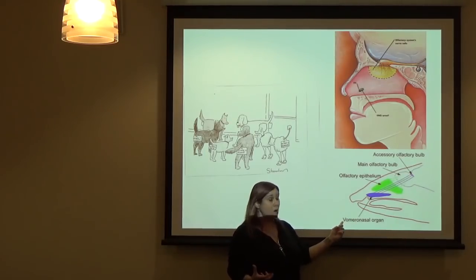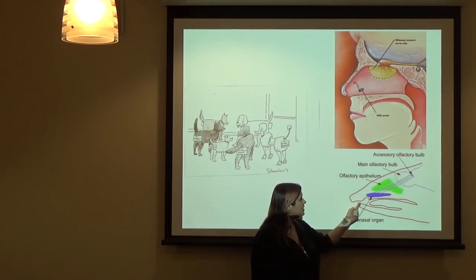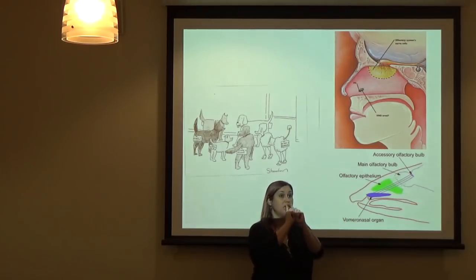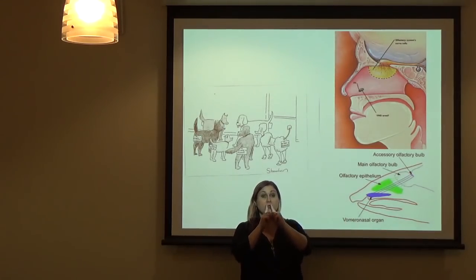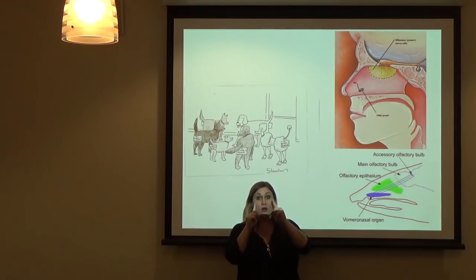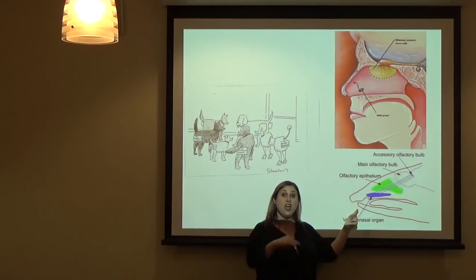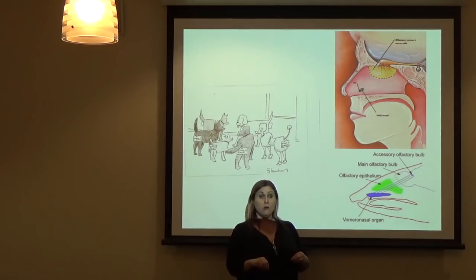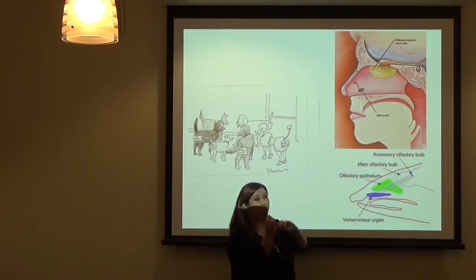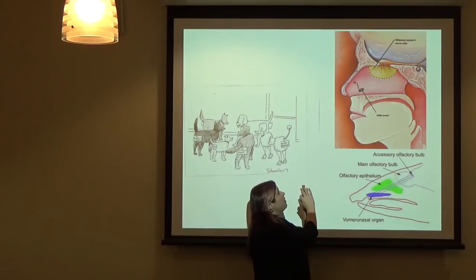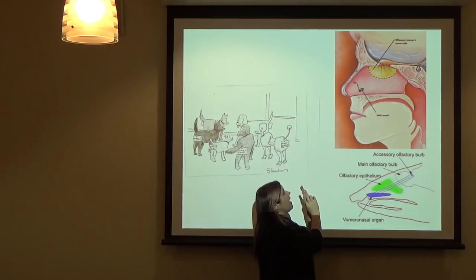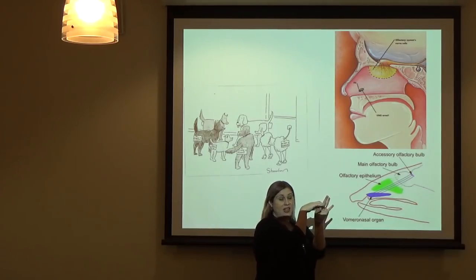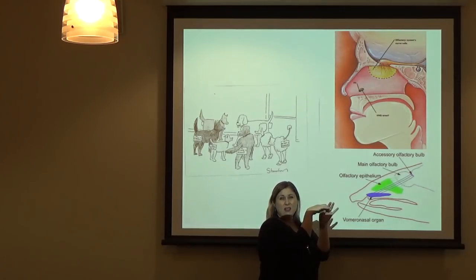Animals that we know have a VNO have a distinct duct, okay? The same way we have nasal ducts that bring air into our nose, they have another duct that brings air into the VNO. We don't really have that. We have a little area in our nose that kind of has a pit, like a little opening, a short hole, okay?